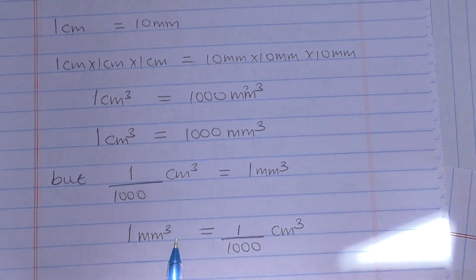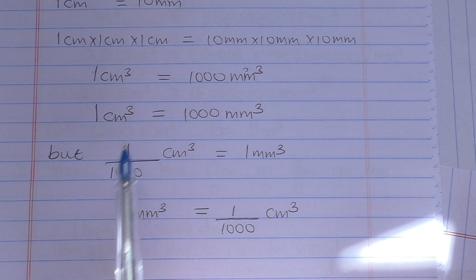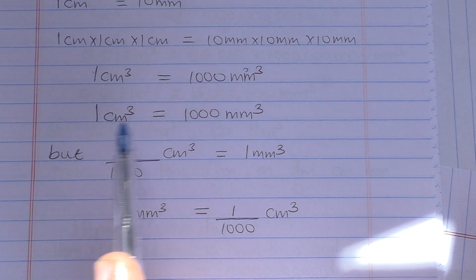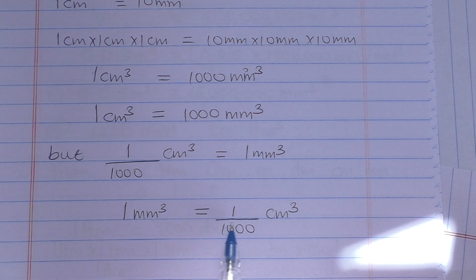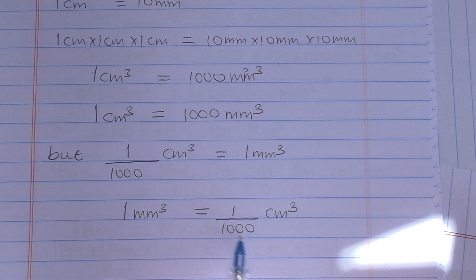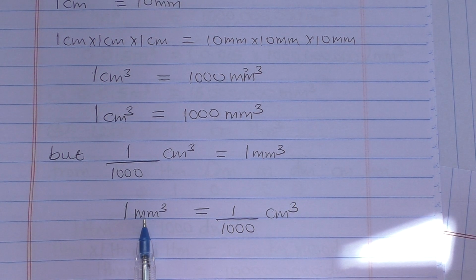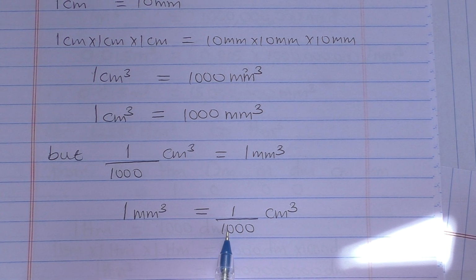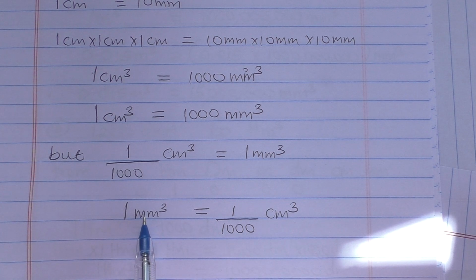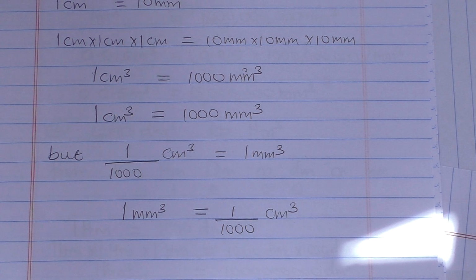But if I want to convert from millimeter cubed to centimeter cubed, I'll first divide by 1,000 on both sides, and I'll have 1 millimeter cubed equaling 1 over 1,000 centimeters cubed. So whenever I'm converting from millimeter cubed to centimeter cubed, I'll always divide my values by 1,000, because I'm converting from a smaller unit to a bigger unit, therefore I divide. So that is how we convert units of volume.